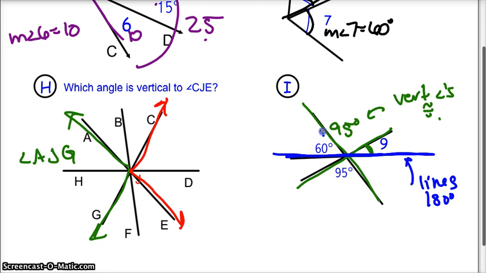So 180 minus 60 minus 95 is going to give me that 25 degrees.